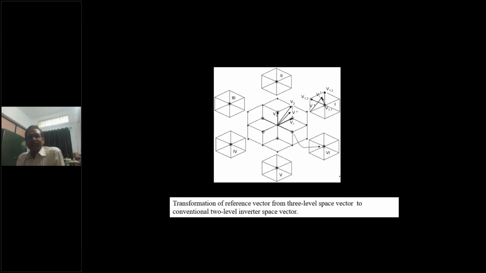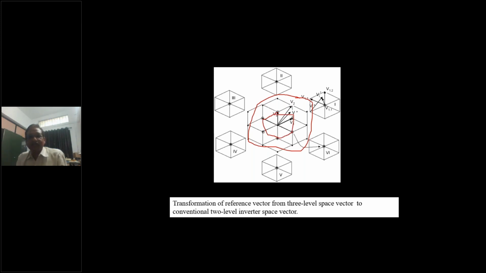We can apply this for vector control also. How to do vector control? Here you will get a total number of switching points, 27. Out of that, 19 switching points will be used here. In the last case this was a hexagon.